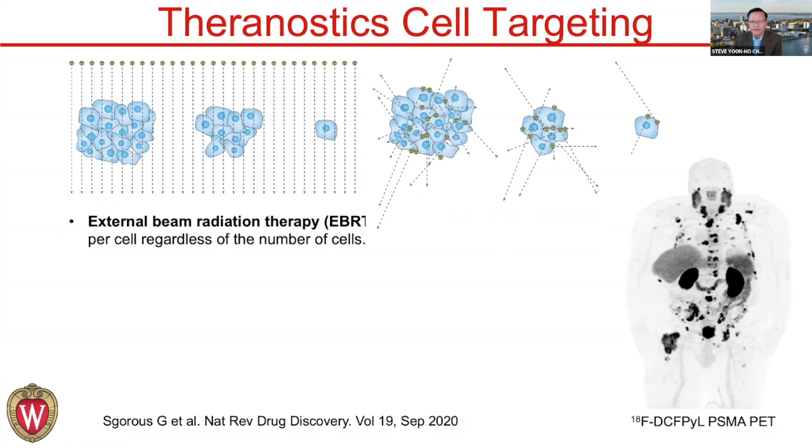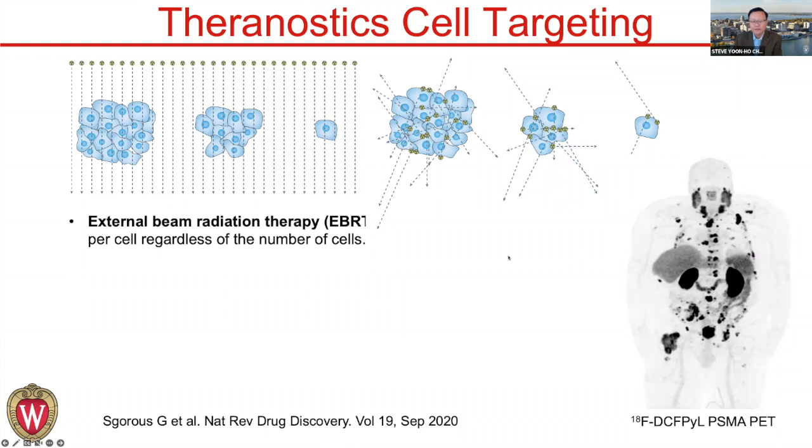With these theranostic agents, when you inject the radioactivity into the patient, it distributes throughout the patient and then targets these areas. So the areas that you're able to see light up on PET imaging are areas that are getting the radioactivity.